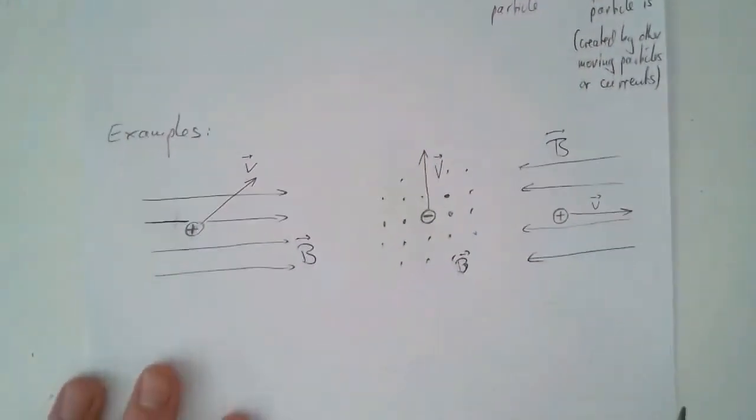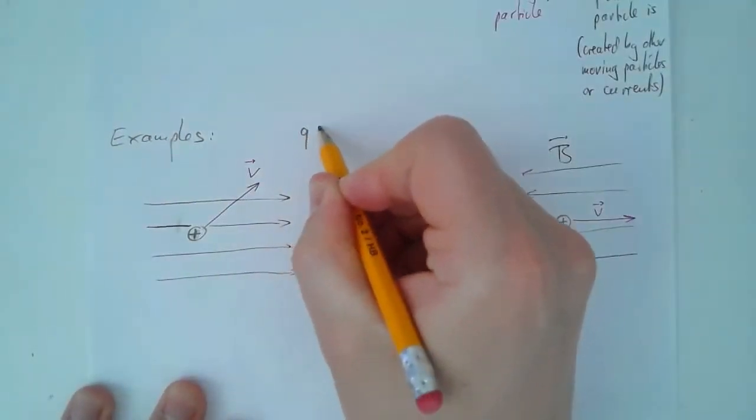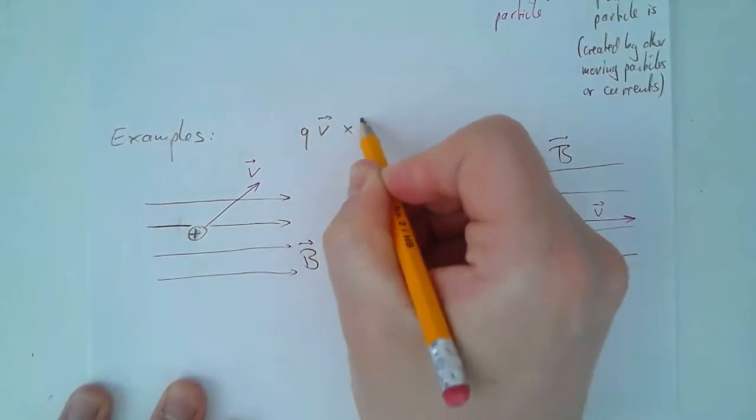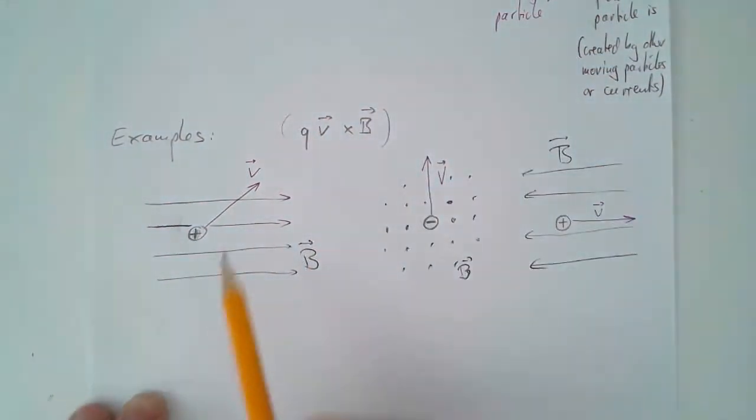The law was Q V cross B. So let me just write this down. Q V cross B, this is as a reminder. Right. Let's take the first example here. I have a magnetic field that's pointing to the right, and I've got a velocity that's sort of pointing to the top right.